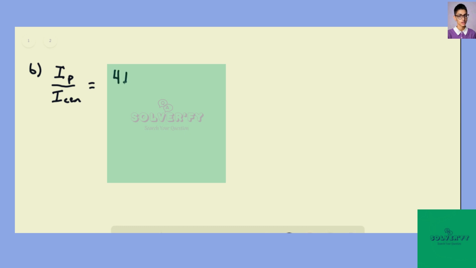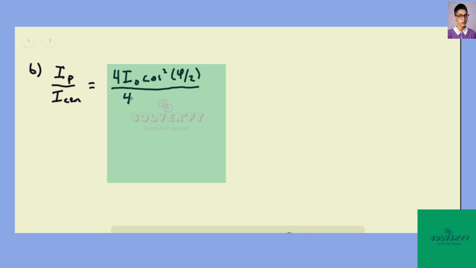So if this has some intensity I naught, at point P, it'll have an intensity of 4 times I naught times the cosine squared of our phase divided by 2.